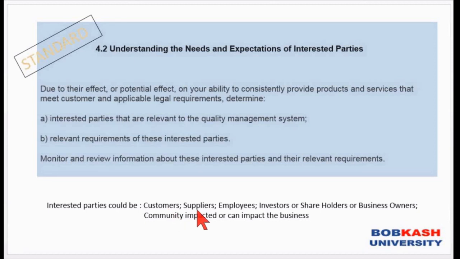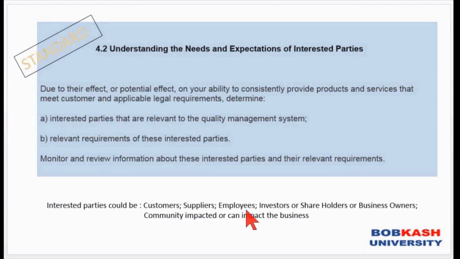Then suppliers could also be an interested party because they can affect your organization's ability to perform. If the supplier does not deliver on time, for example, you cannot deliver on time to your customer. If the supplier does not give a good quality product, you cannot give a good quality product to your customer. So that is why they are an interested party. Employees are again another interested party.